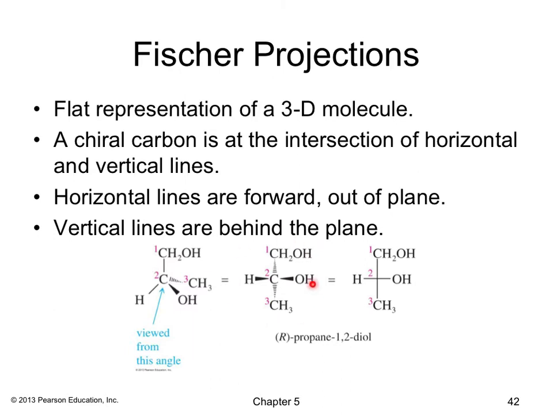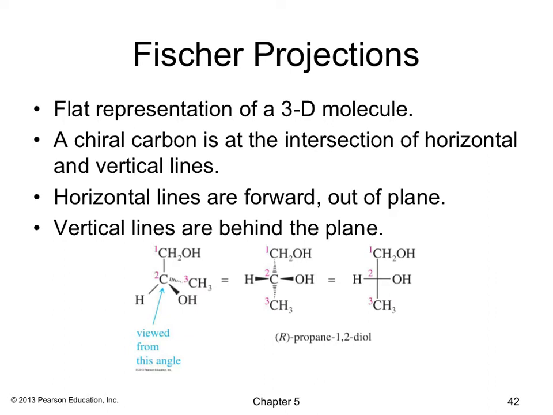Now if you take this and draw a Fischer projection, which is a cross, you're going to put H and OH, CH2OH, and CH3. And this is R-propane-1,2-diol.